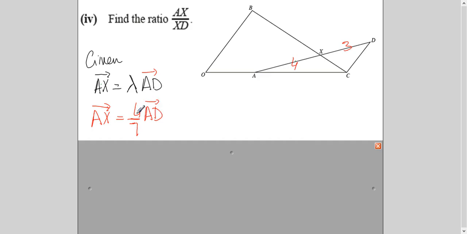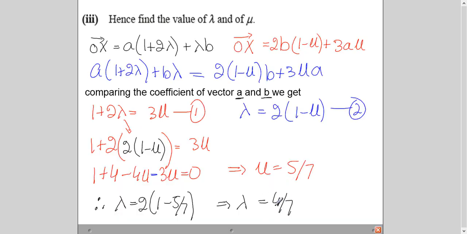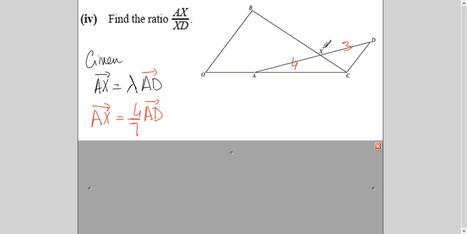So you can write down here, and by the way, this information I have written here, seeing the answer. Earlier this information was not given to you here, right? So you are writing the value of lambda and then you are filling it up. I hope it is clear to you. So now you can write down the ratios here. AX has ratio 4 and XD has ratio 3.